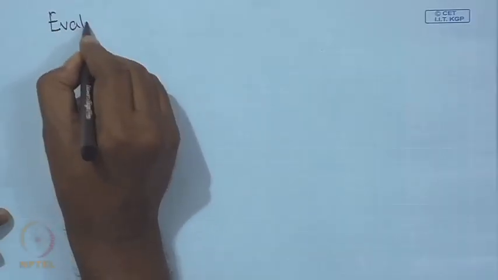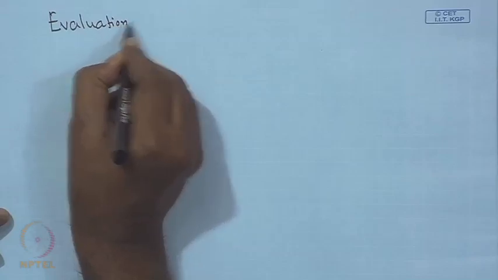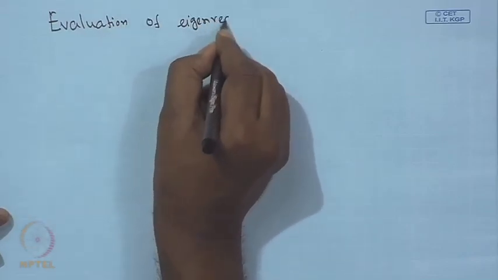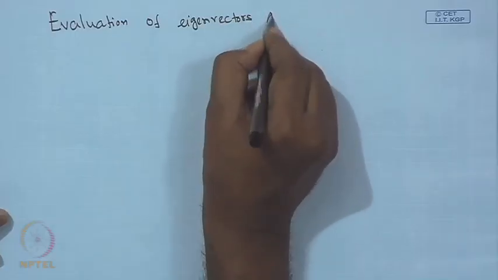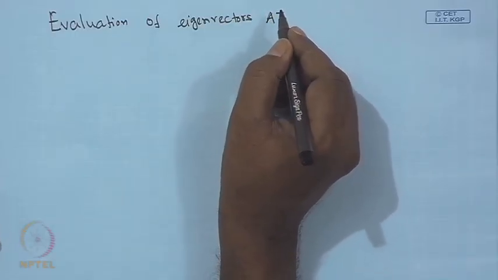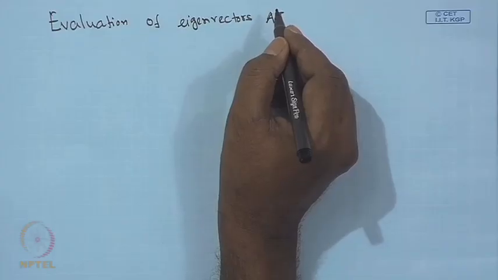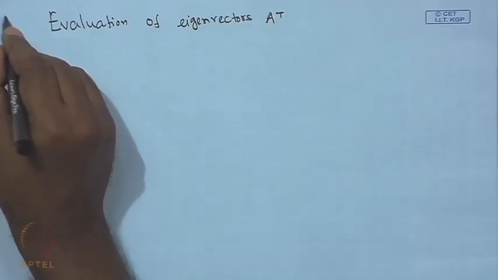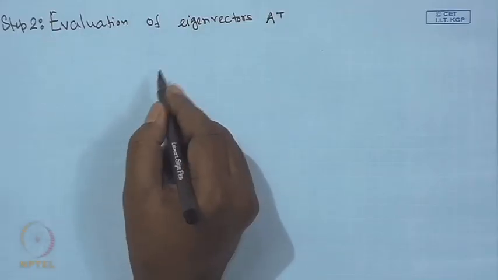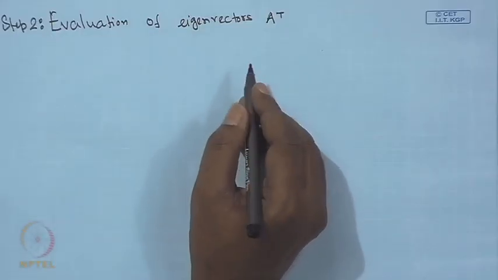Next step is evaluation of eigenvectors of A transpose. We have already proved earlier that the eigenvalues will be the same for A and A transpose. So, this is step number 2, evaluation of eigenvectors of A transpose.